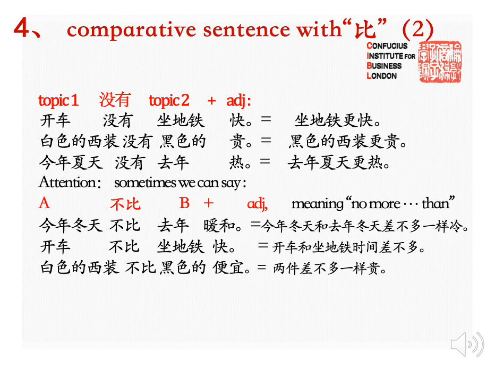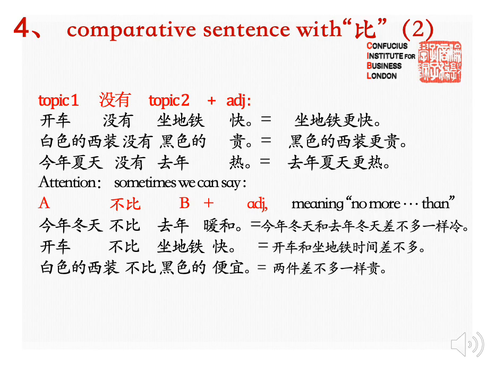So driving is not as fast as taking the tube, which means taking the tube is faster, 坐地铁更快. Another example, 白色的西装没有黑色的贵. So two things are compared, 白色的 and 黑色的. Which one is more expensive? Okay, obviously the black one. 黑色的西装 is more expensive, 更贵.